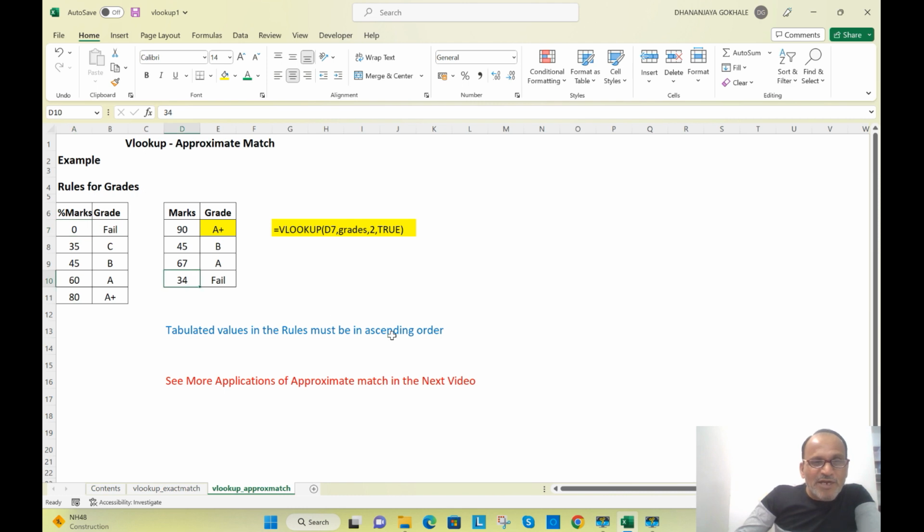Okay, let us make it 36. All right, now he's got C grade. So now this 36 is closer to 35. But don't say that. Okay, it is nearest lower value.